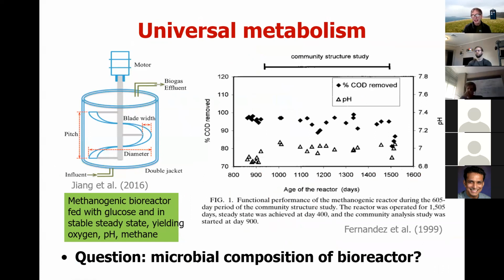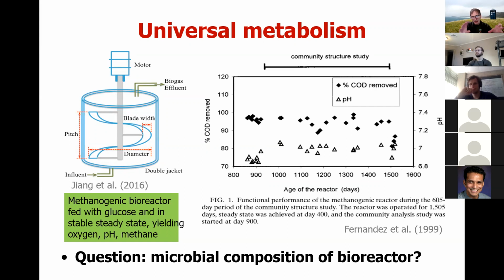So basically, what that is, just go into your garden, pick up some soil, stick it into a plastic box, add water, add some glucose, and then look at how much methane comes out at the end. And what you find, if you do this experiment in a controlled way, is that the amount of methane that is produced is basically constant in time, and you can run such a reactor for a year or 2 years or 3 years, and it will always produce the same amount of methane.